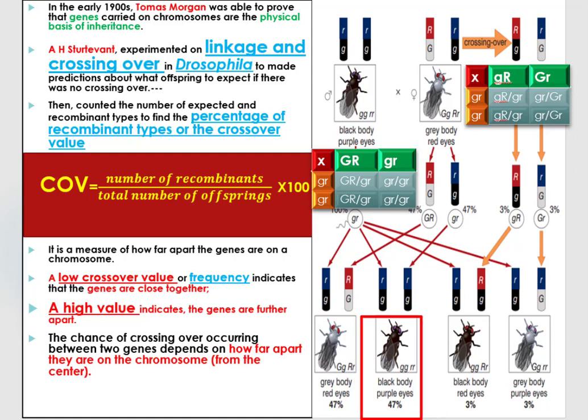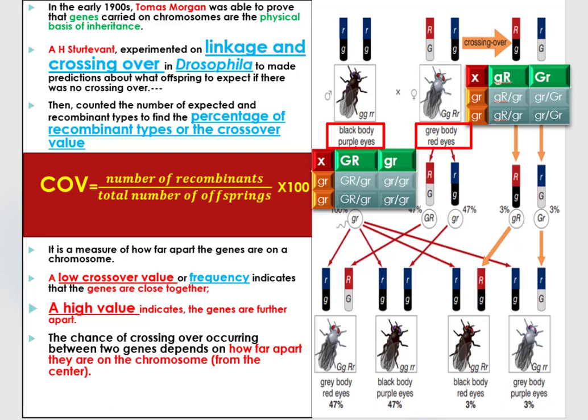But due to crossing over or recombinant formation, he obtained a small number of fruit flies that have black body, red eyes, and a small number of fruit flies which have gray body and purple eyes. As I reminded you before, gray body goes with red eyes and black body goes with purple eye color.